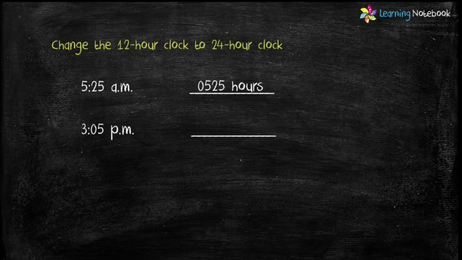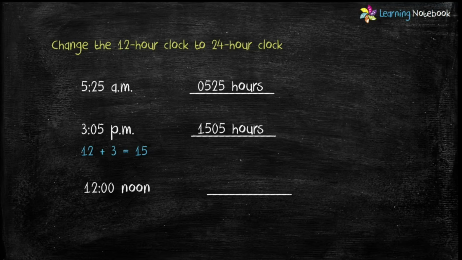Next is 3:05 pm. Students, since it is pm, let's add 3 to 12 and we get 15. Now add 5 minutes to it. Therefore, time is 1505 hours in 24-hour clock.